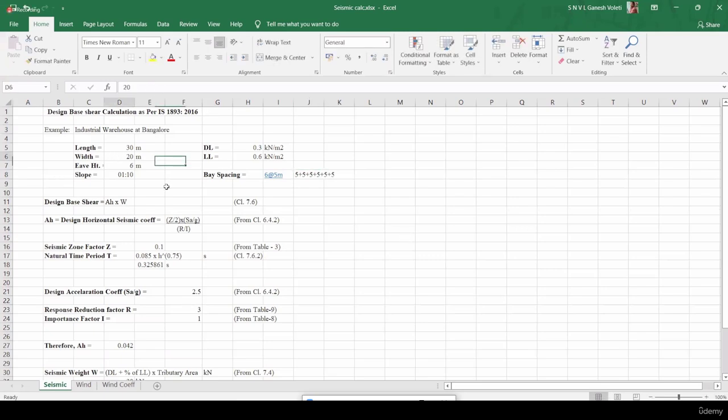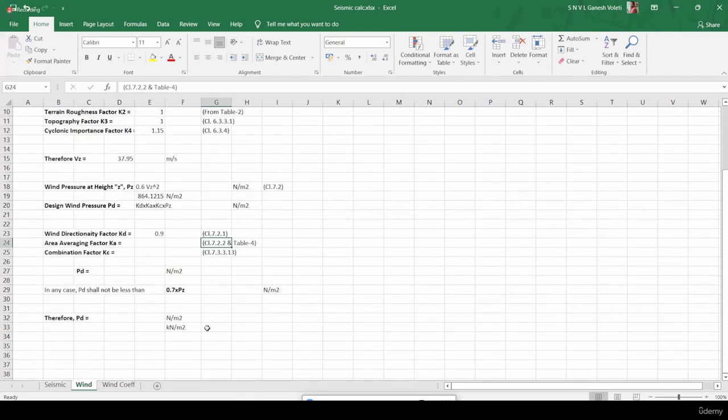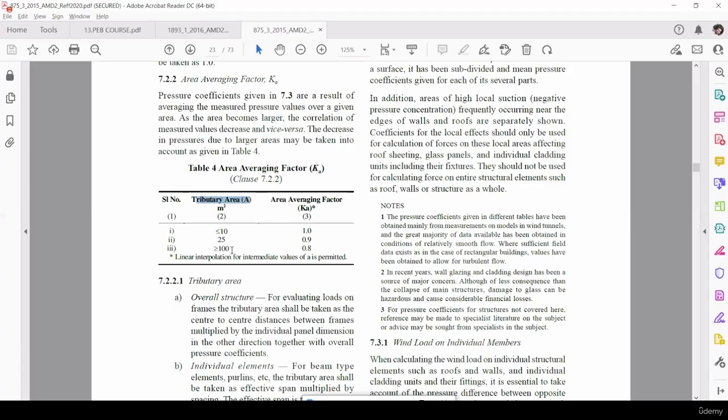So 5 meters into width of the building. 5 into 20, how much? It is 100 meters square. For greater than or equal to 100 meters square, we have to use 0.8 as the area averaging factor, Ka value.